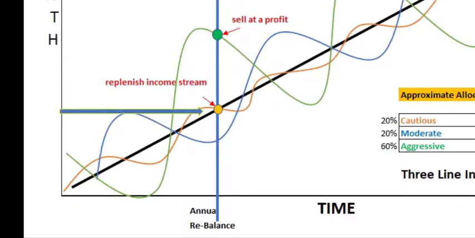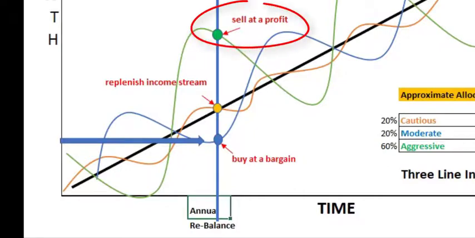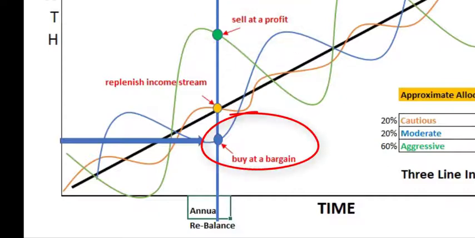The growth for the yellow income producing line has broken even in this graphic example, and the blue line has lost value. It's way beneath the trend line, which means that units have lost value in this cycle, and as we rebalance, selling some units in the aggressive fund at a profit and buying units at a bargain price in the moderate fund just before they rise again creates an advantage for the investor.